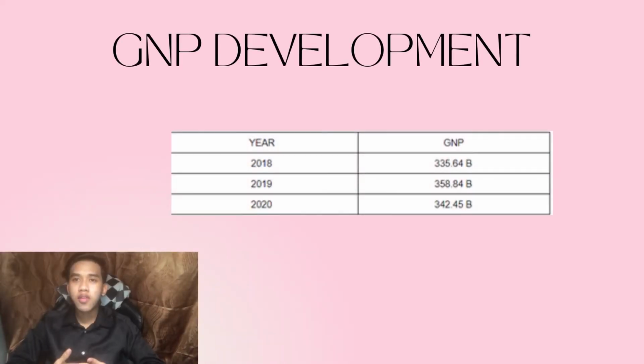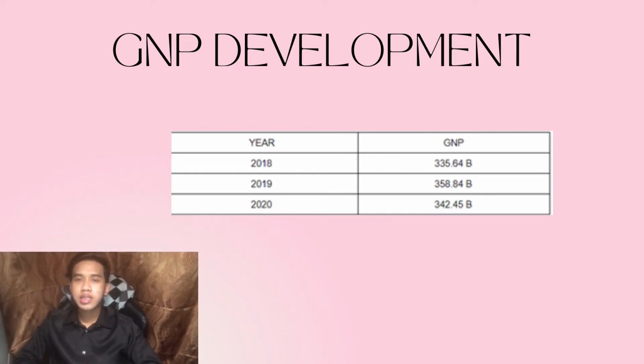This is a table of GNP development. GNP is the sum of all resident producers' value added plus any product tax minus subsidies not included in the valuation of output, plus net foreign primary income receipts, compensation of employees and property income.